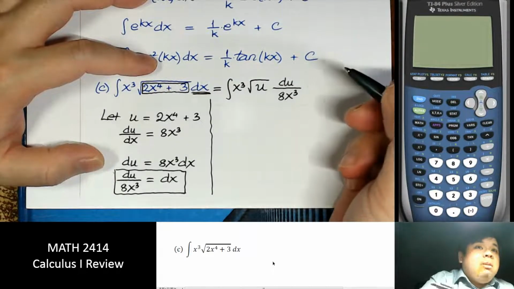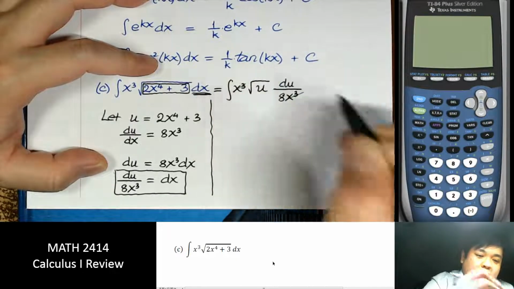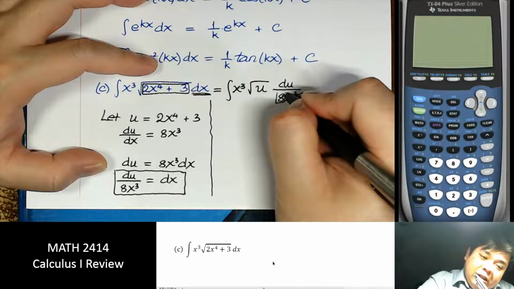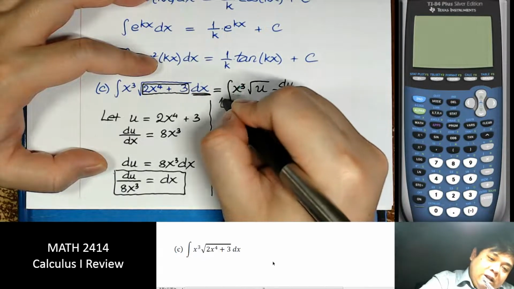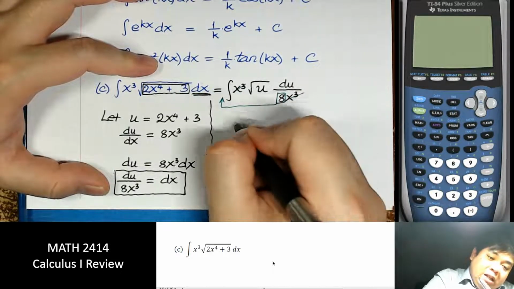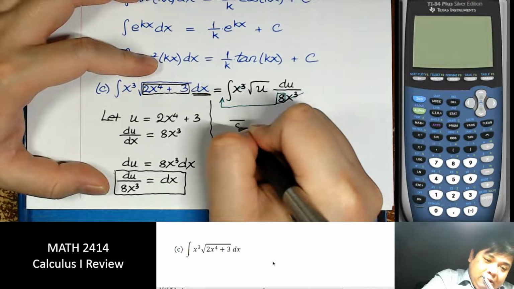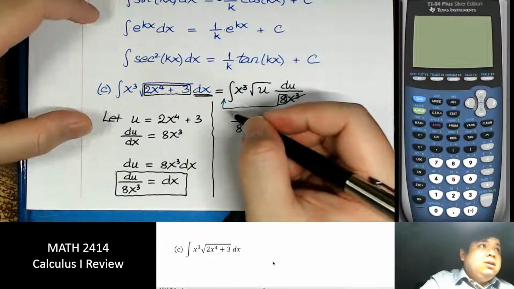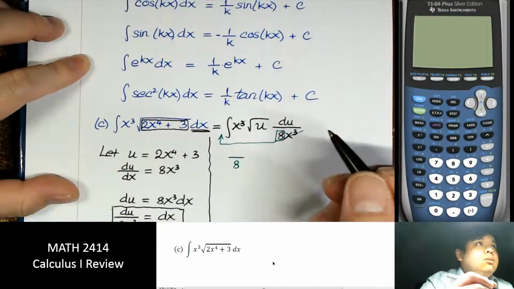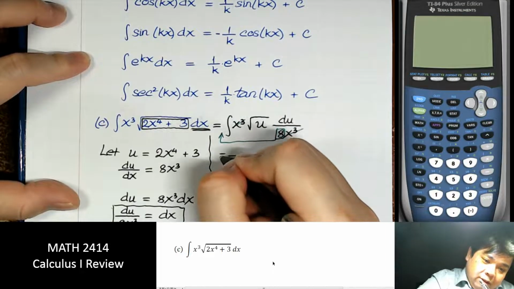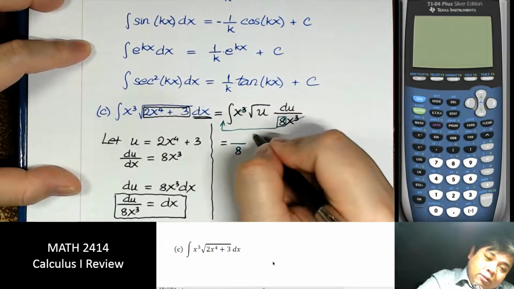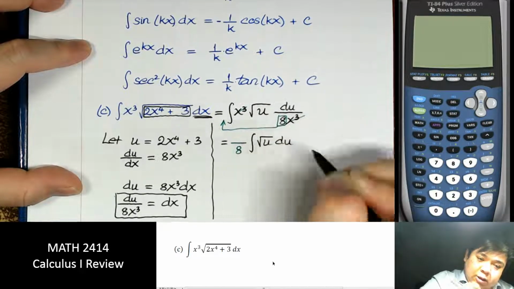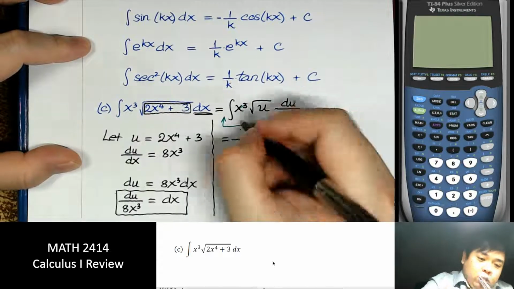If everything works out perfectly, there will be no more x. And if there's a constant, just take it outside. But it will stay at the bottom. The 8 stays at the bottom, but we have to put the 1 on top.